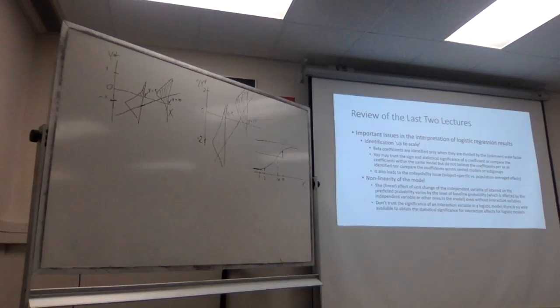Before that, the key takeaway here is you should not trust the significance of interaction variables in logistic models, because what I said earlier is basically that the effect size of x variable varies depending on other variables' levels, even without interaction terms. Does that make sense?